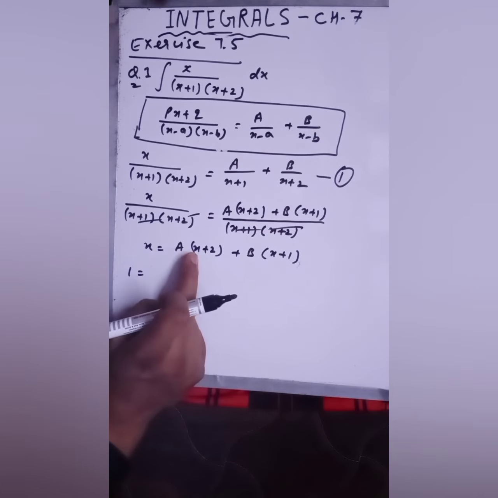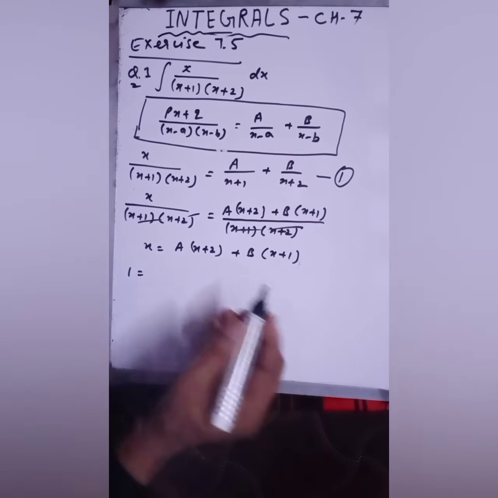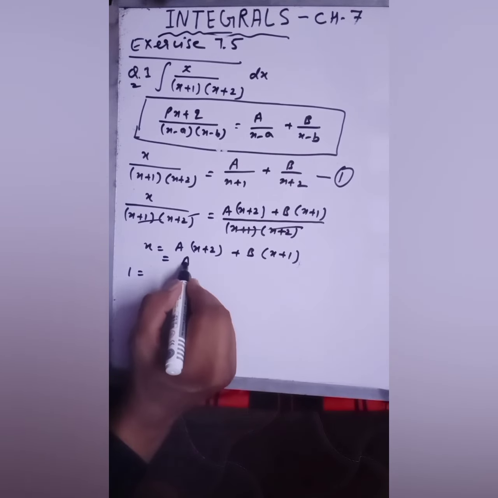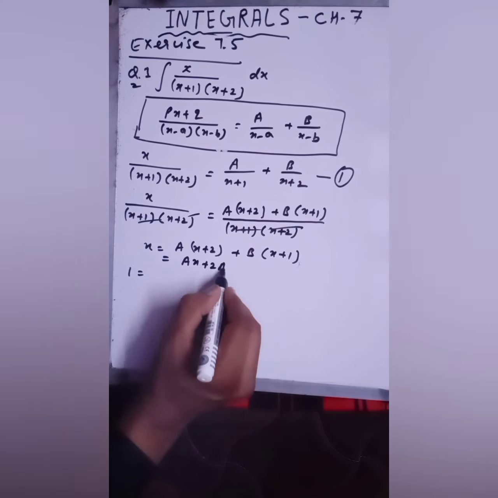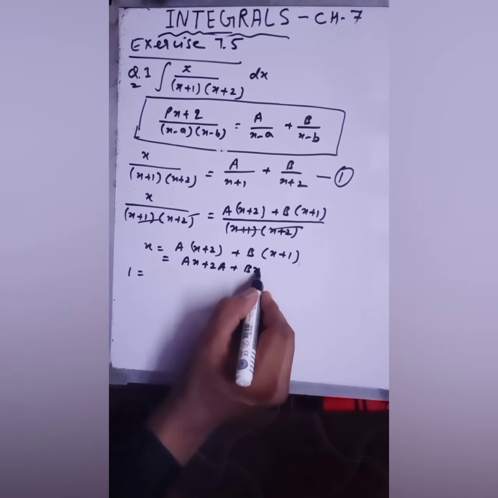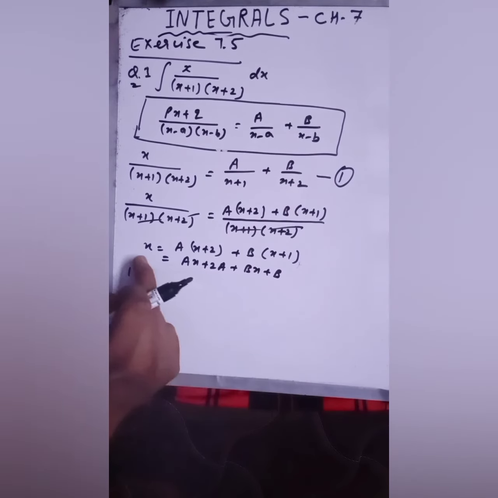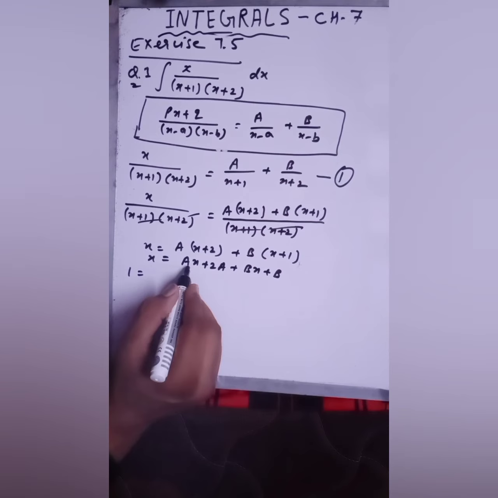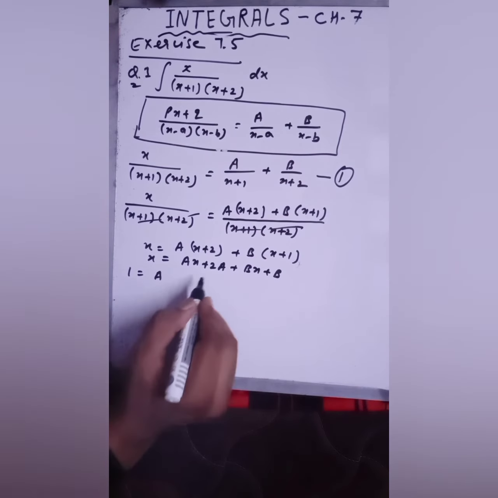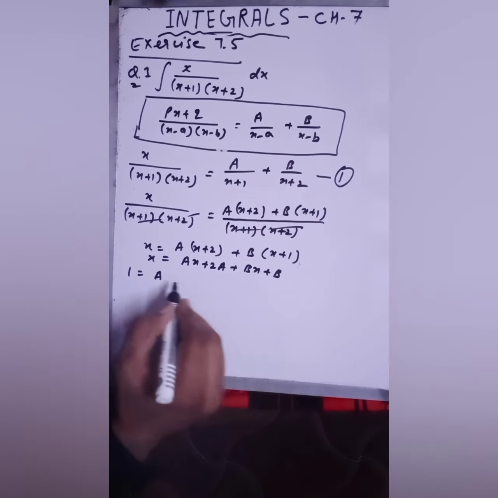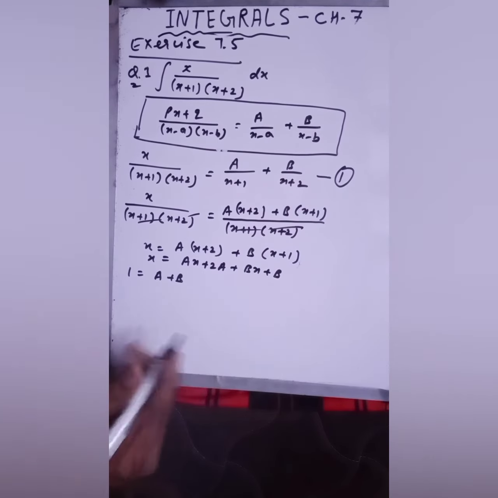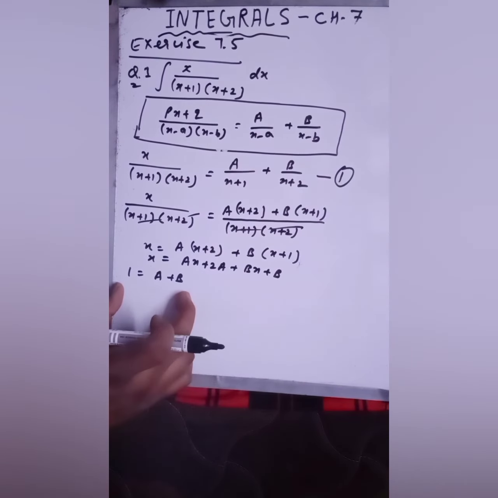When you multiply, you will get ax + 2a plus bx + b. So if you compare the coefficient of x on both sides, here you will get 1, and here the coefficient of x is a only, this is a constant term, here the coefficient of x will be b, and this is a constant term. So you will get this if you compare the coefficient of x only.